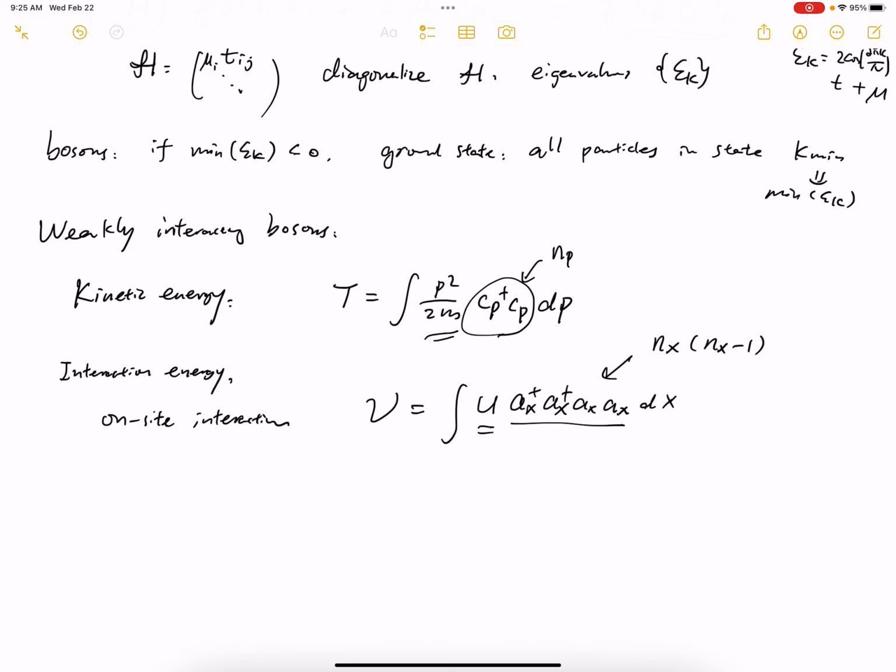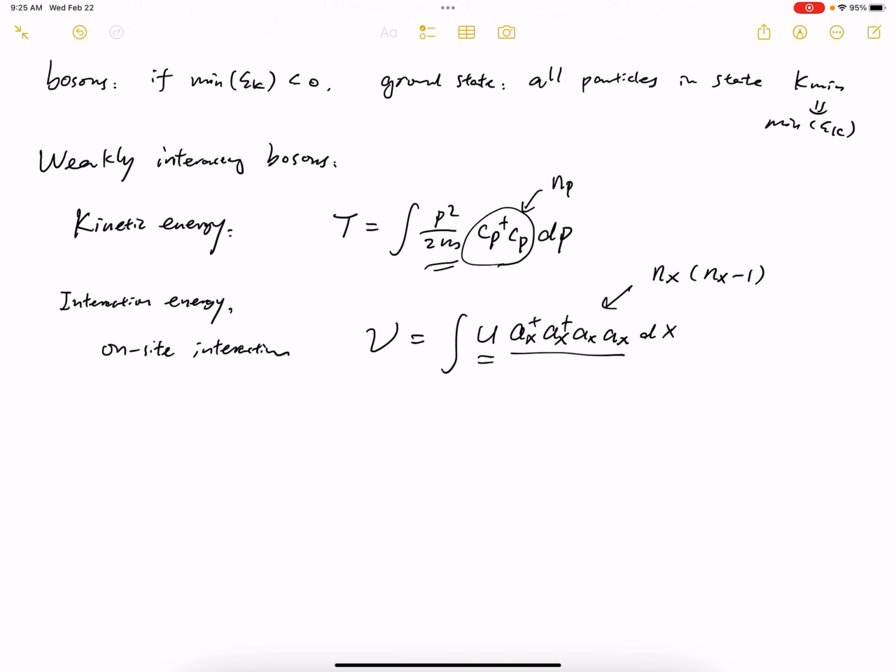It's like a first order approximation to the true interactions between the particles. In practice, if the atoms are well separated, you can ignore the interactions, but once they get closer and closer, interactions get stronger and stronger. And typically it goes exponentially stronger when they get close. So it's a good level of approximation to assume that we only care about interactions when two atoms are at the same position.